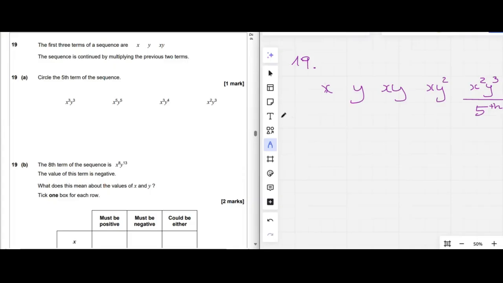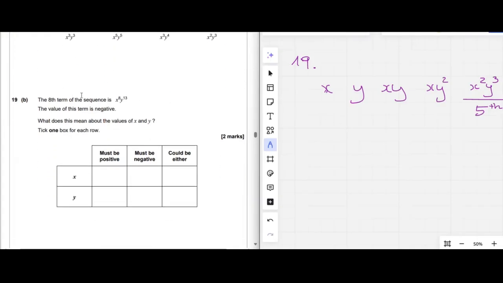The eighth term of the sequence is x to the power 8, y to the power 13. The value of this term is negative. What does it mean about the values of x and y? Tick one box for each row. How about x?